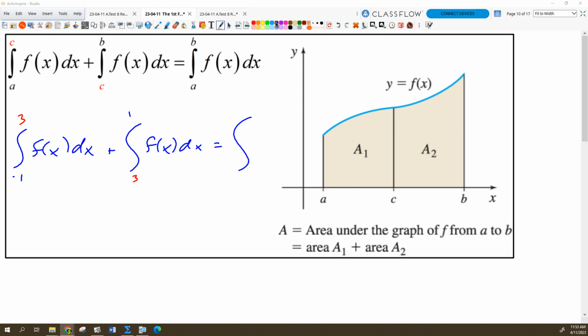As long as the upper limit of this one is the same as the lower limit of this one, they are always going to add areas. They're going to be additive, right?